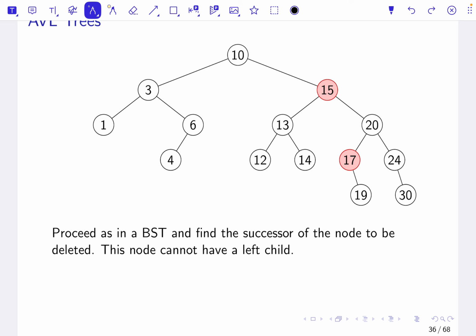We find the node's successor and swap the node to be deleted with the successor. I won't go too in depth on how the successor works because I've already taught it, but to quickly go over it again, it's the node that would be right after the node we're deleting if you were to lay out all the nodes in order.